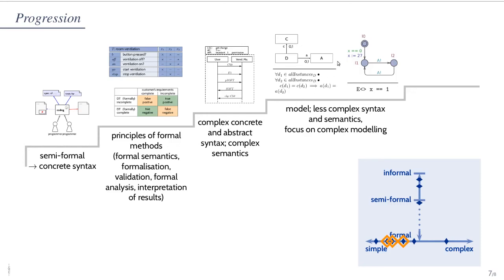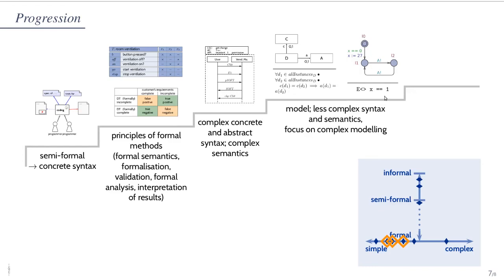So class diagrams, for example, have a less complex syntax than sequence diagrams, and the same for our sub-language of state machines. With the class diagrams, we practice once again the step from concrete to abstract syntax. With this variant of state machines, the students are already used to this dichotomy between concrete syntax, the diagram, and abstract syntax, the semantically relevant information.